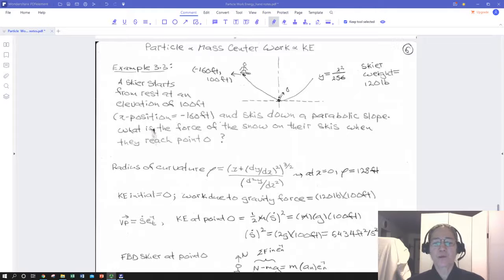Somebody wants to know, what is the force of the snow on the skier's skis when they reach point O? Why would we need to know this? Maybe this is a competition ramp, and we need to make sure that the snow base is properly compacted.